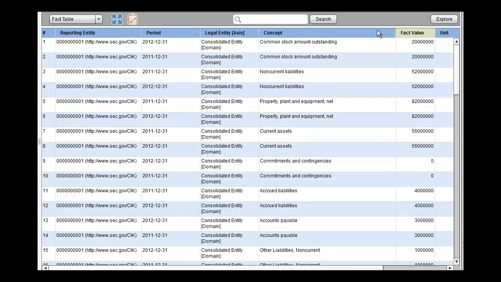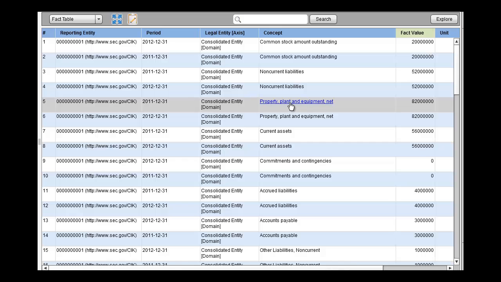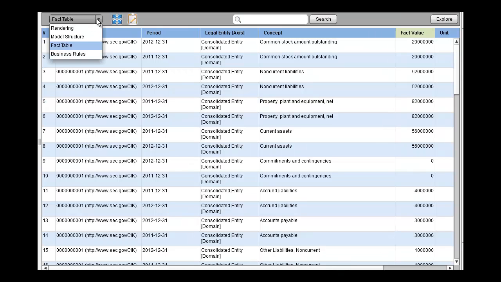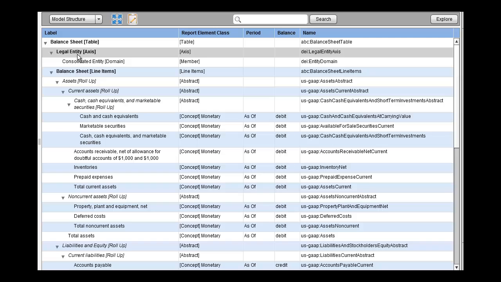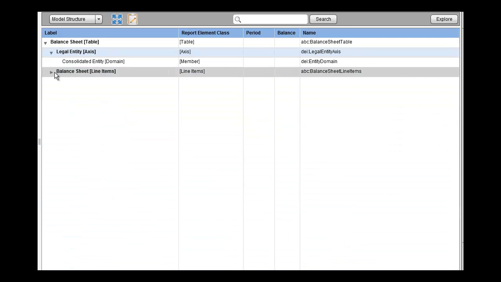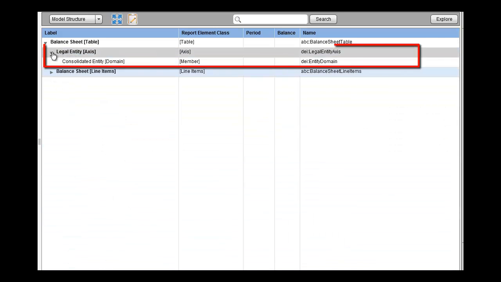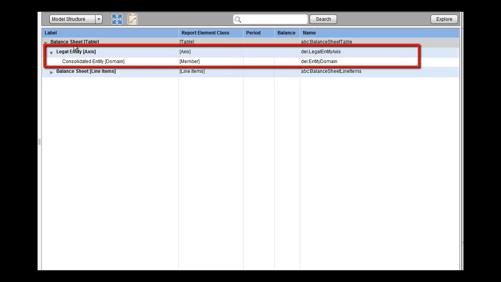There is no axis for the breakdown of the concept property, plant, and equipment. You can see that in the model structure by looking here. So here's the line items. Here's the only axis that exists for the balance sheet.